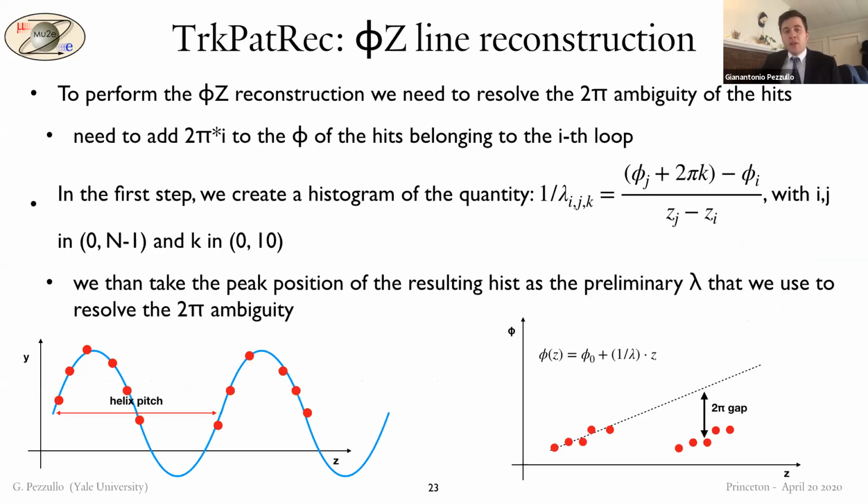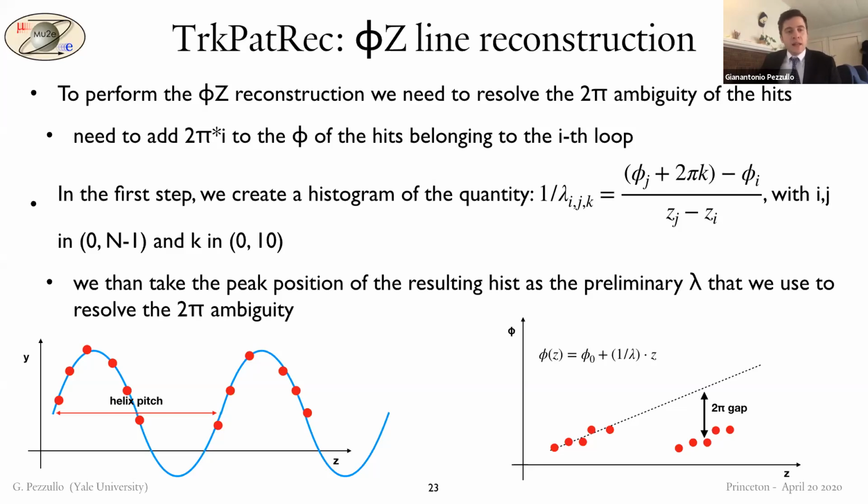Here we need to notice that our expected conversion electron tracks will have multiple loops in the chamber, as is shown by this plot in the bottom left side. In order to perform this phi-z reconstruction, we need first to resolve the so-called 2-pi ambiguity, which means that for each given hit that has a given phi with respect to the helix axis, we need to take into account the factor 2-pi for each loop that the particle made.